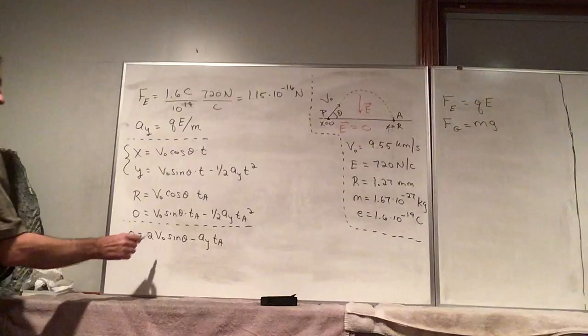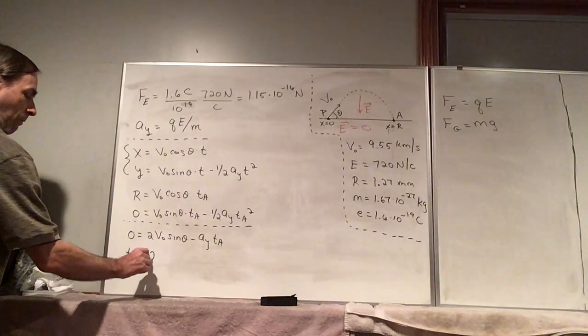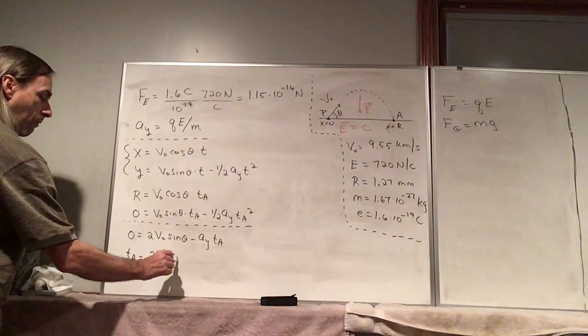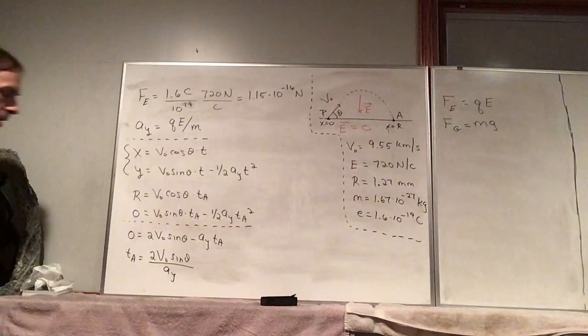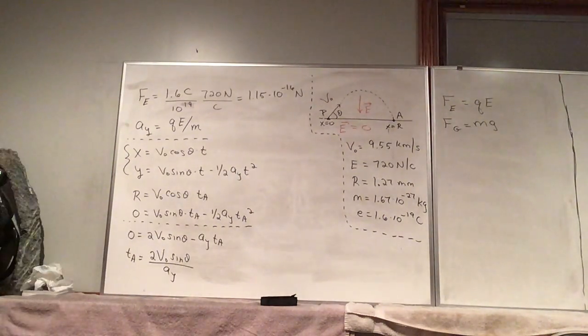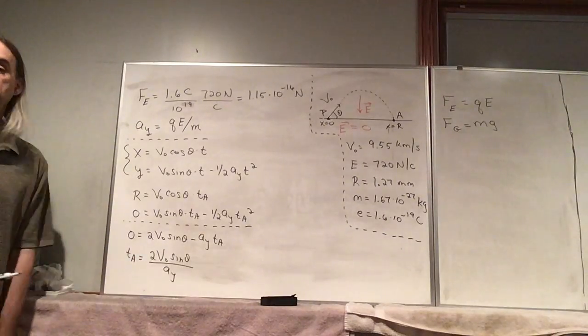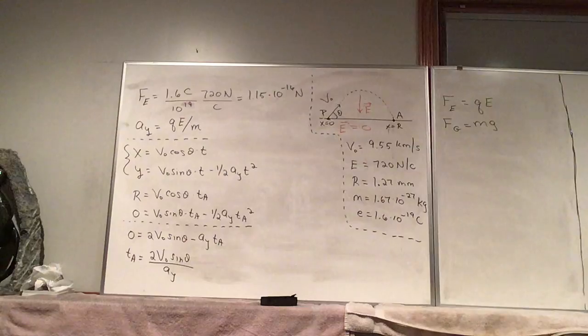So let's solve for t_A. Essentially all we're doing here is rederiving the range equation, where the acceleration in the y direction is no longer g. It's given by this, but we're just going through the steps.